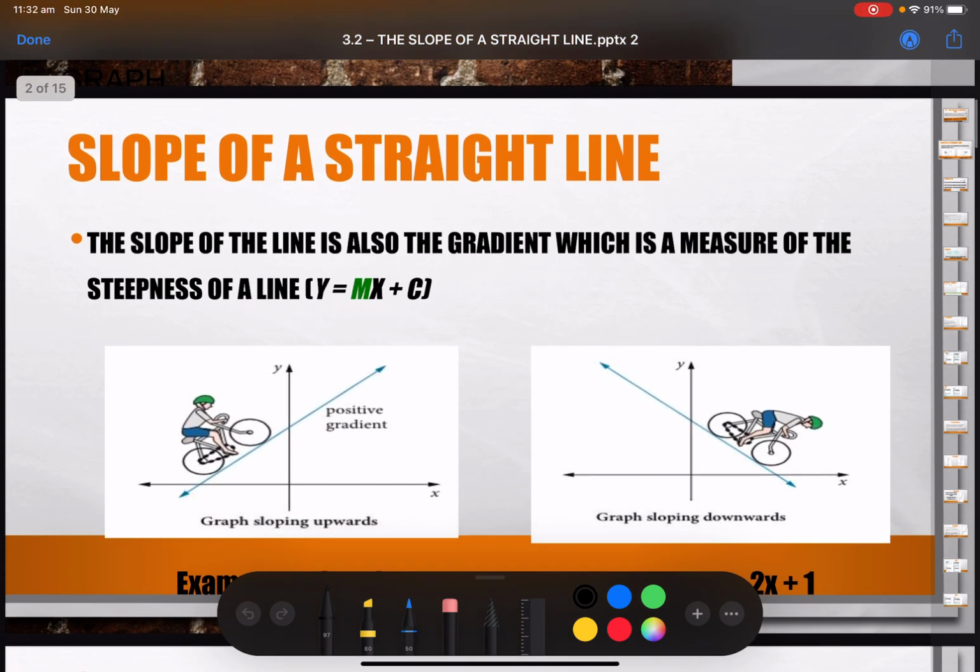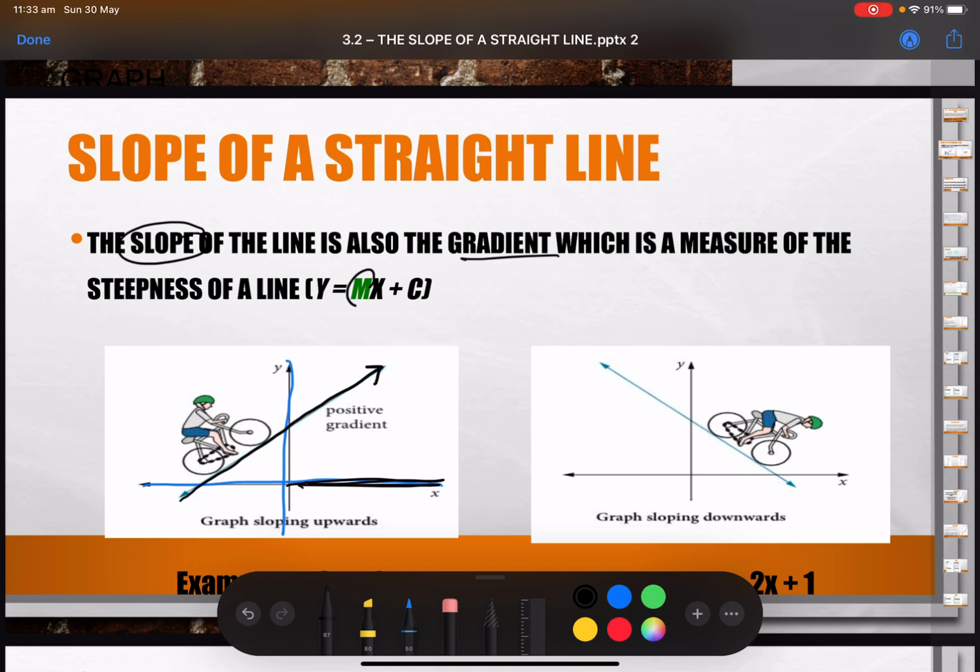In terms of a slope, we know a slope is at an angle. In this case, we refer to slope as being the gradient, which is a measure of how steep a graph is. Okay, so if I have a set of axes, which I have highlighted in blue, we have our x-axis and our y-axis. If I draw an arrow at the top of my line pointing in the positive x direction, we say that it has a positive gradient.